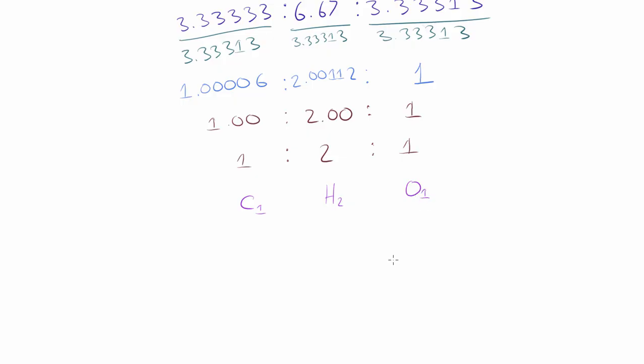And in our formula, if there is a 1, we're not going to write that. So this just becomes CH2O, and that is our empirical formula.